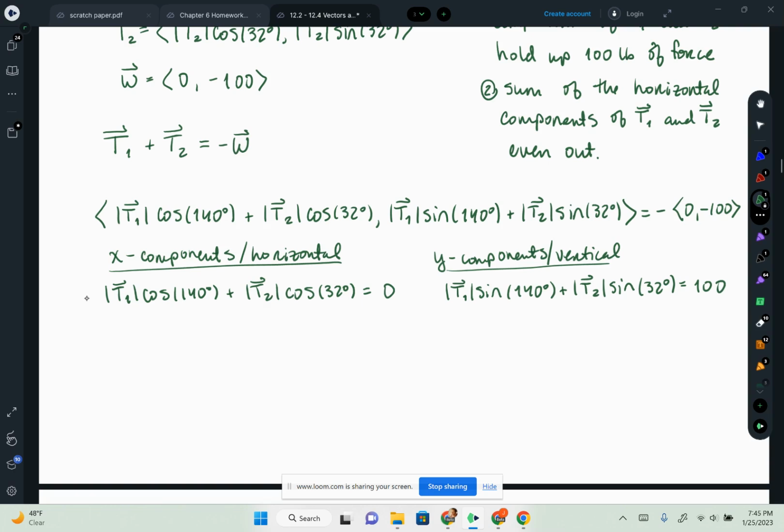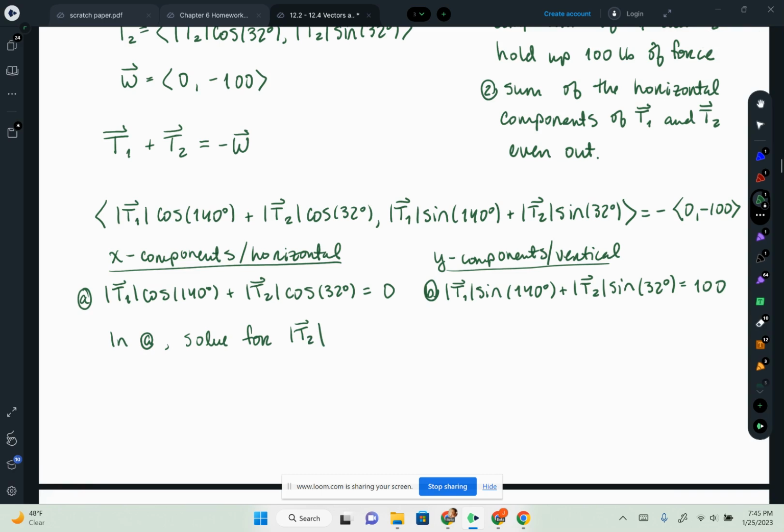I'm going to call these A and B. So in A, we could solve for T1 or T2. I'm going to solve for the magnitude of T1, and actually I'm going to solve for T2 because I have numbers calculated in front of me, and that's going to speed things up just a little bit.